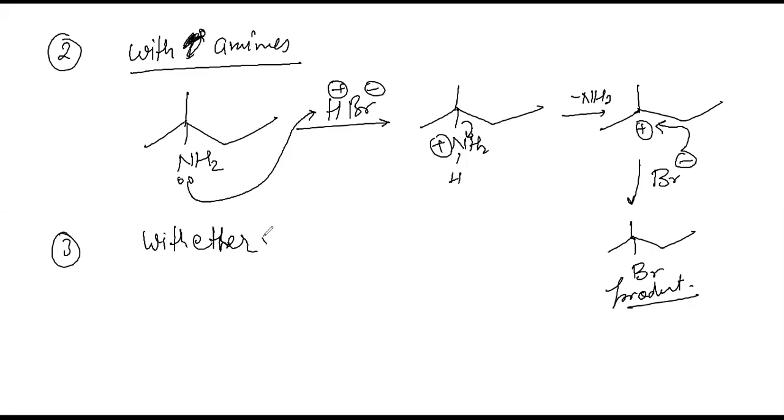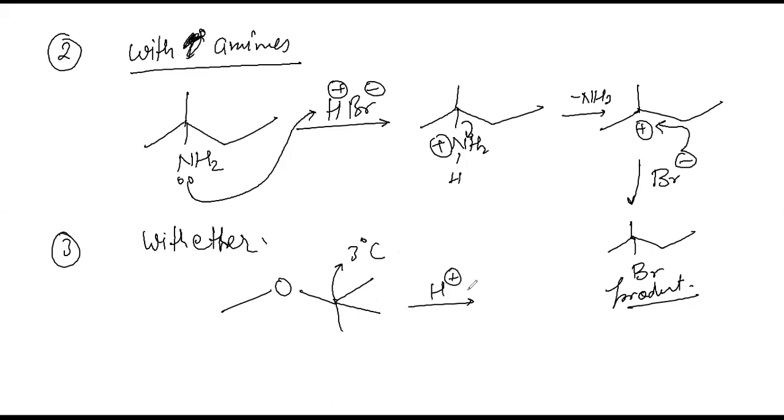So with ether, let's take an example of ether. See, everything is similar. Remember, in ether it must be connected to a 3-degree carbon, like that. Do again the similar reaction.